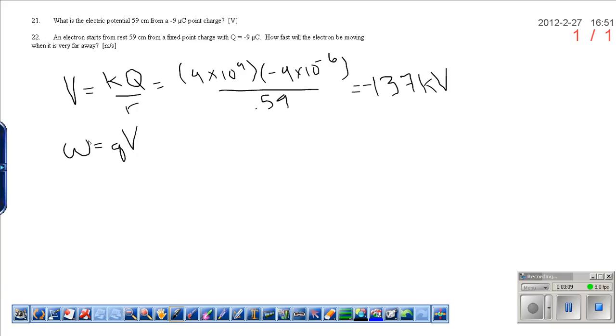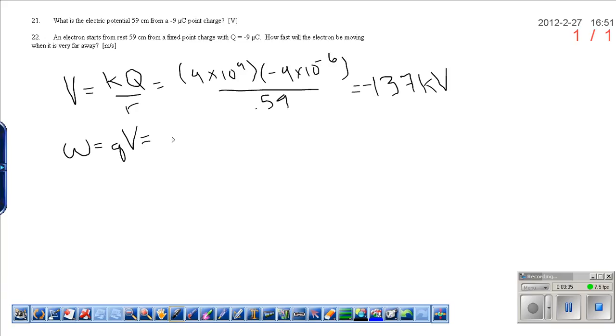This is one of your other equations from your textbook. So if we multiply our potential and our charge together, then we'll be able to find out how much work, which by the work energy theorem will be converted into kinetic energy. We can find out how many joules of energy this electron will have as it speeds away.